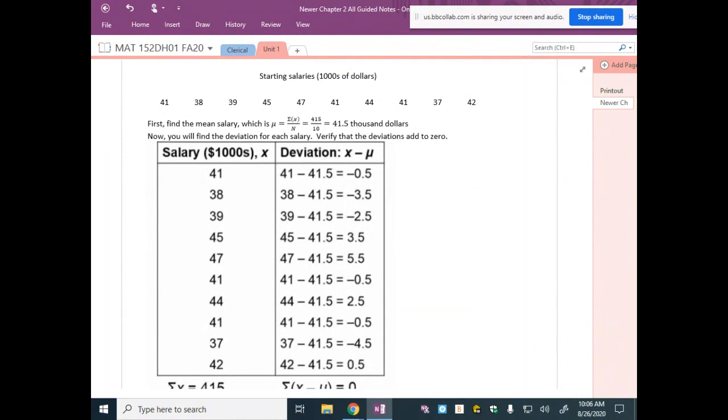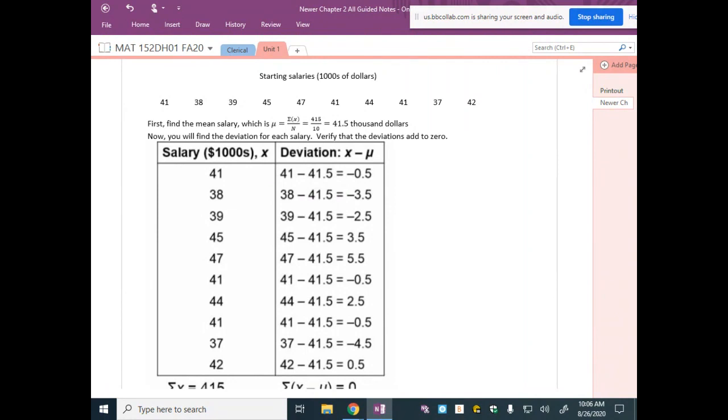So what we want to do now is calculate each deviation. From each of these, we calculate the deviation, that is x minus the mean. Some of these are negative, and some of these are positive.